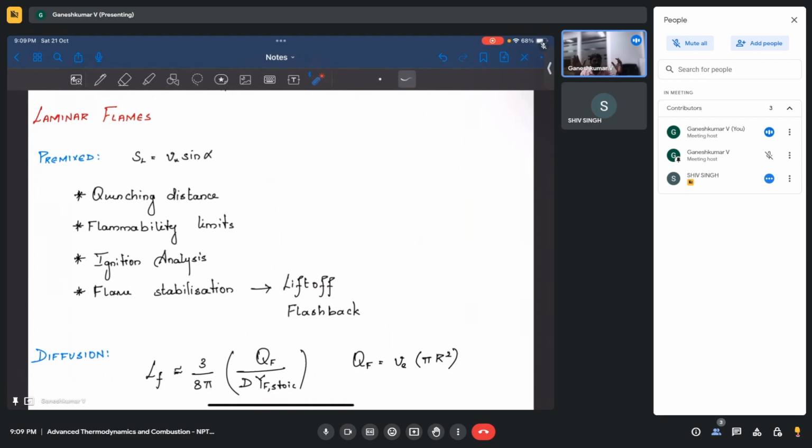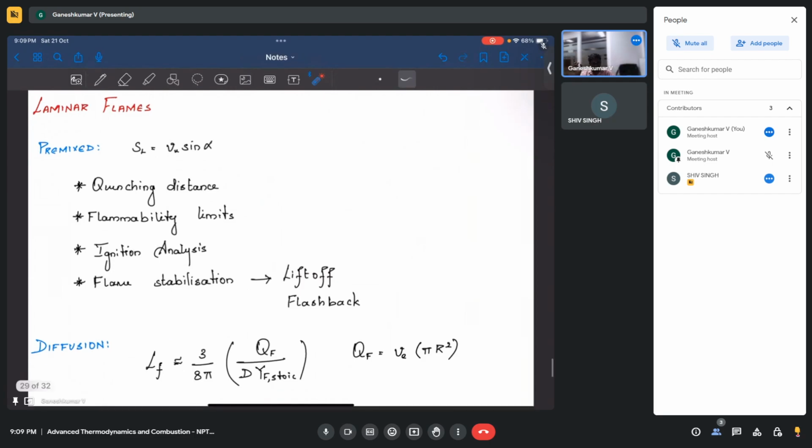Flammability limits are related to equivalence ratio. What is the phi max and phi minimum it requires in order to have a flame? During experimental conditions, you cannot run with just any equivalence ratio. An equivalence ratio of 0.1, for example, you cannot run; there is some limit, so phi min and phi max.